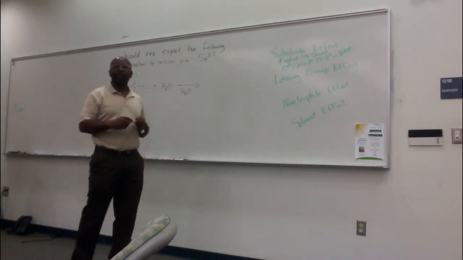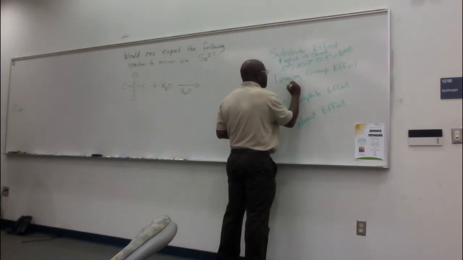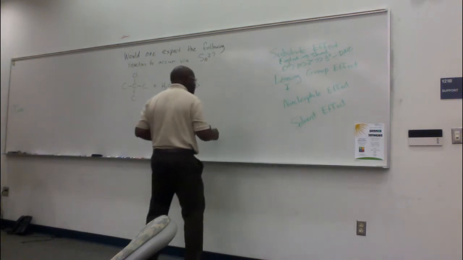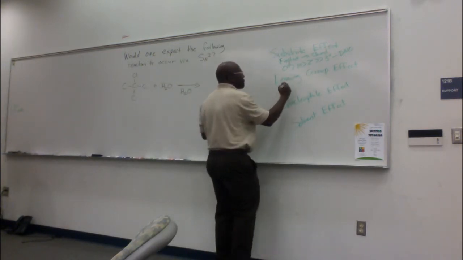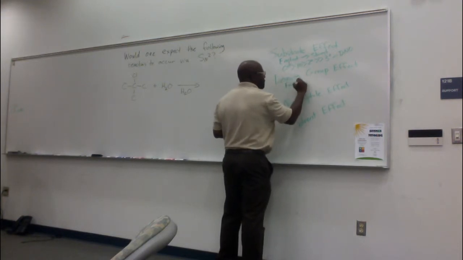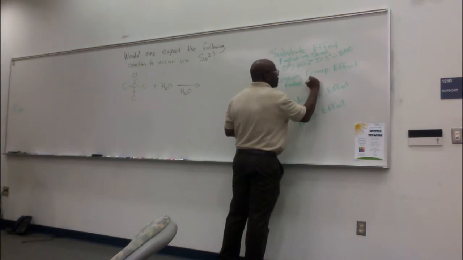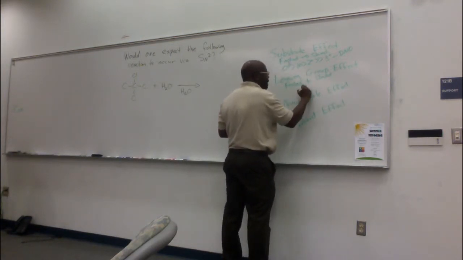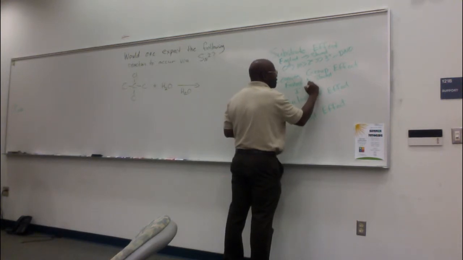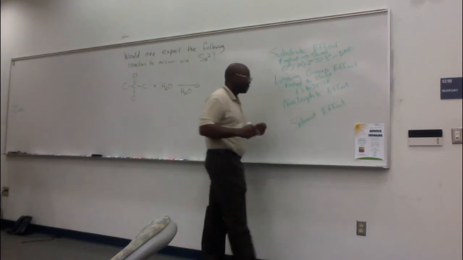We also talked about the leaving group effect, from fastest to slowest. Iodine comes out the fastest, followed by bromine, followed by chlorine, followed by fluorine.